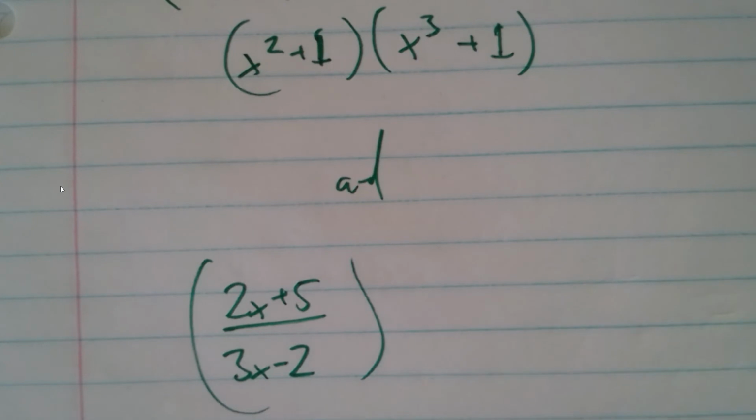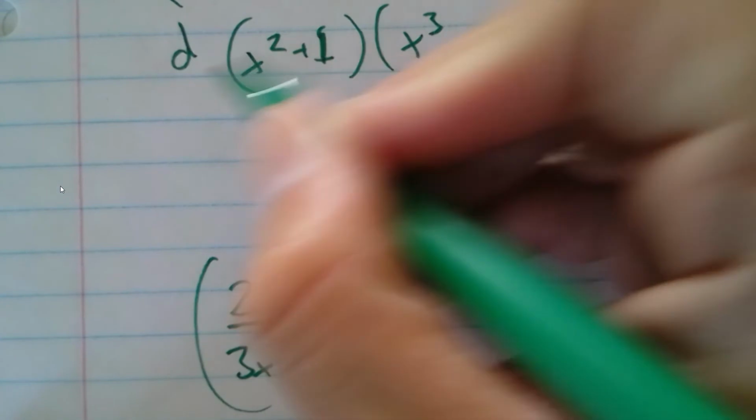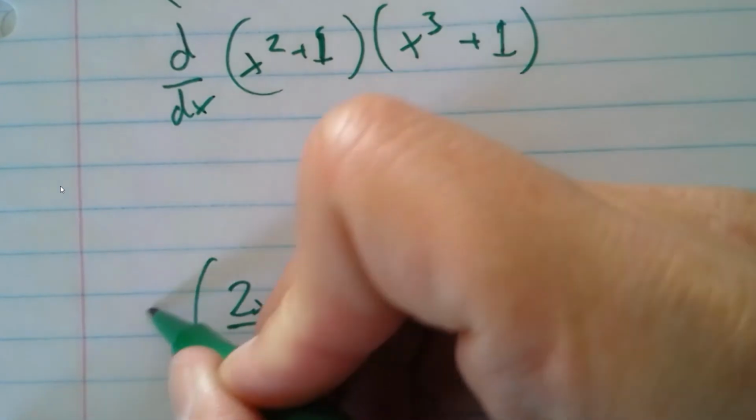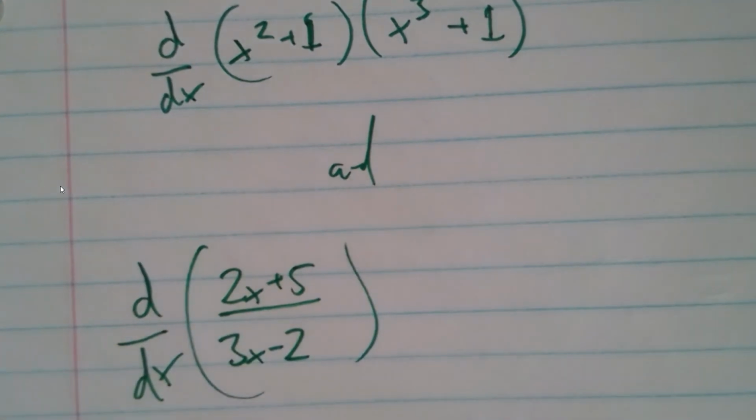I want you to take the derivative, so the derivative of this guy with respect to x, the derivative of this guy with respect to x. Sorry, that's what I'm asking you to do.